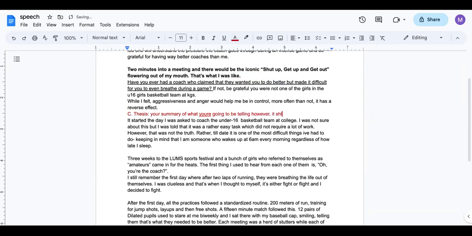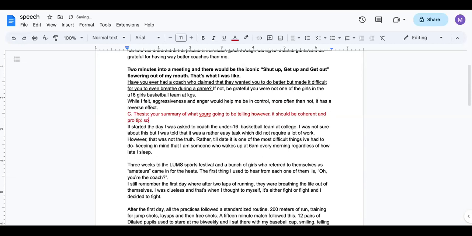However, it should be coherent and productive, sound like a lesson. So your thesis statement is also a part of your introduction. Now that's basically a summary of what you're going to be telling. So it's not anything that is getting audience's attention. It is not anything related to how to relate to the audience. It's not anything related to something that you might be telling the audience. It's straight up just summarizing what you're going to be telling in your speech.